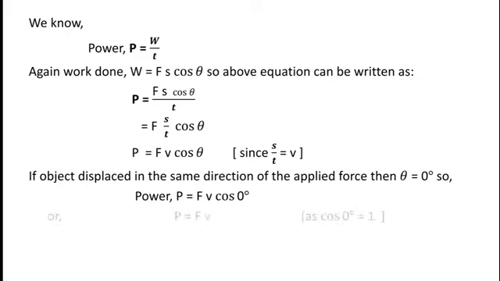And you know cos of 0 degrees is 1. So what can we write? P equals F into V. So this is the expression which relates power, force and velocity. P equals F into V. We often use this expression in most of the cases where the object is displaced in the same direction as the force, that is P equals F into V.